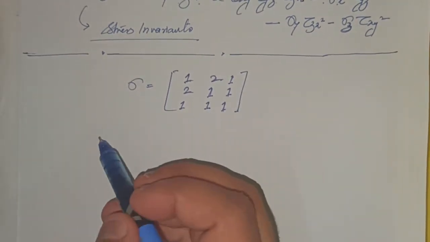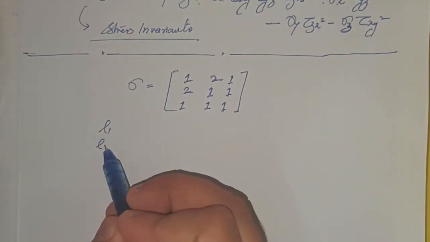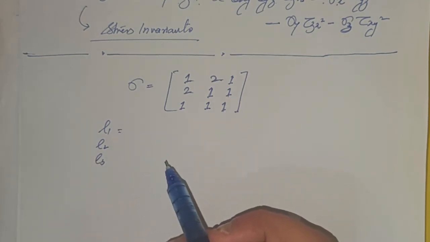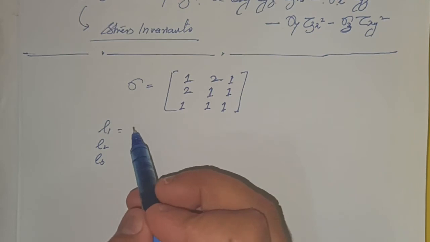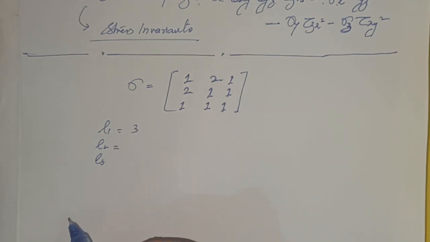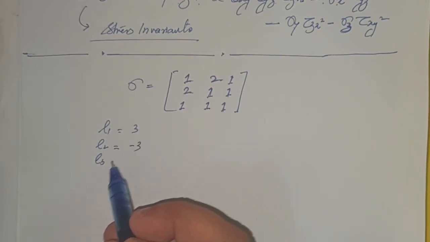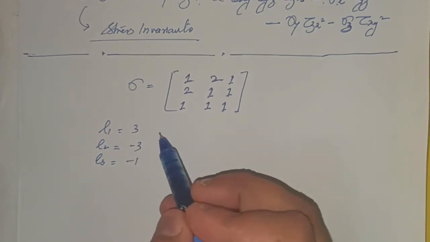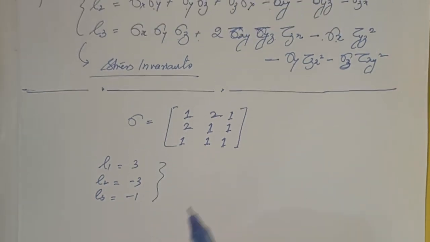So let's first of all find the L1, L2 and L3. The values will be: L1 is 3, L2 is minus 3, L3 is minus 1. These are the stress invariants for this stress tensor. Correct?